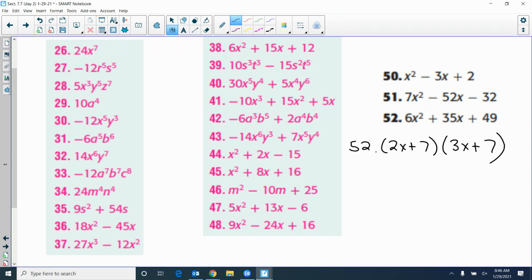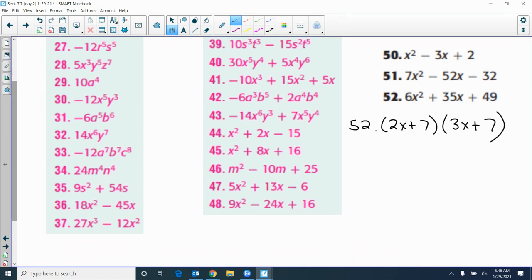Zane, would you explain how to get that answer? Sure. Start with 2x and then times that by 3x. What's that give me? 6x squared. Then you multiply the outer ones, so 2x times 7, which is 14x.